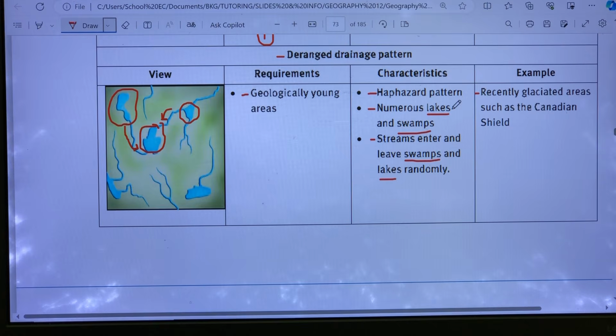As I told you, these kinds of deranged patterns mostly form in glaciated areas or areas that have snow. When the glacier melts, it forms these kinds of patterns, meaning water will start to move and collect in these areas and send water to the next one. As you can see, it doesn't make sense.